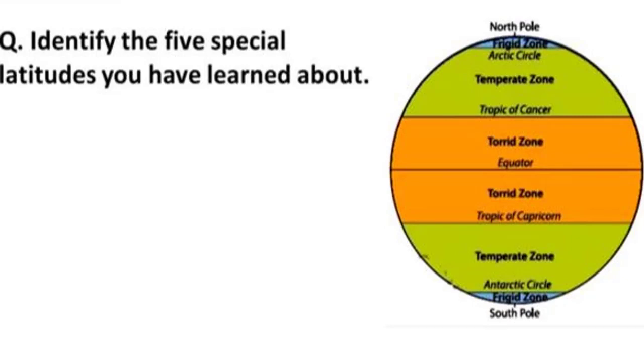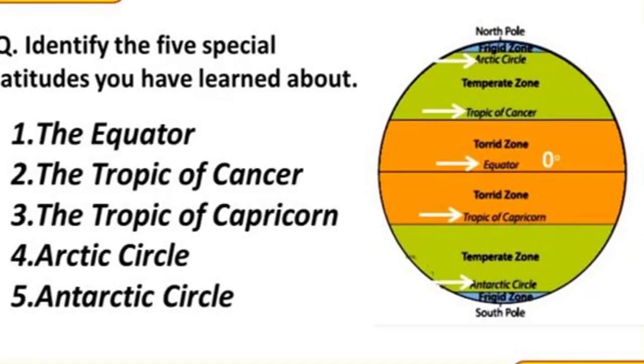Look at this picture now and identify the 5 special latitudes you have learned about in your previous classes. These are the equator, the Tropic of Cancer, the Tropic of Capricorn, the Arctic Circle, and the Antarctic Circle.